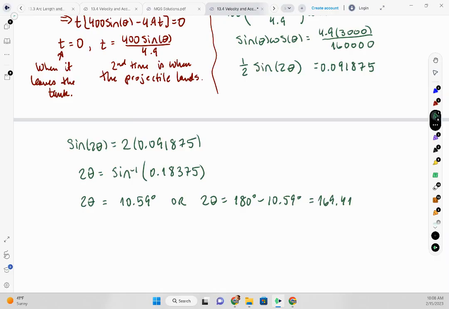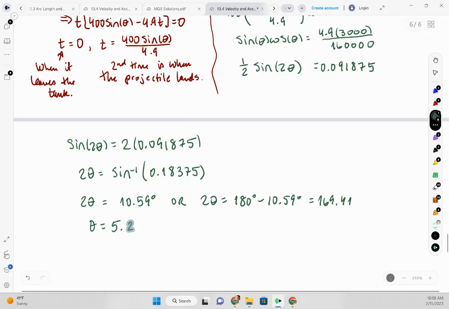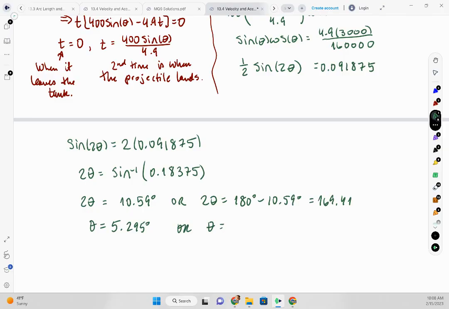So on the left-hand side, theta is going to be 10.59 divided by 2, which is 5.295, or about 5.3 degrees. I'll just write 5.295 degrees, or theta is going to equal 169.41 divided by 2. That's going to be 84.57 degrees. And so those are the two possible values that would give us a landing that's 3,000 meters away.